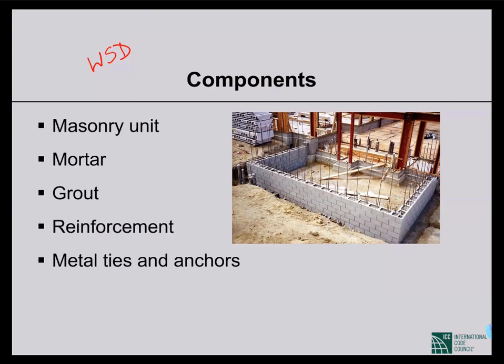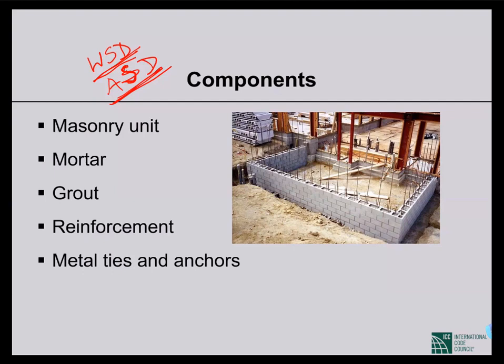But for ASD, in steel, I understand your question is regarding allowable strength design. For load combinations in part 6, chapter 2, there is no difference; the load combination is the same for WSD and ASD. But for steel, by ASD we mean allowable strength design, which is different from working stress design.